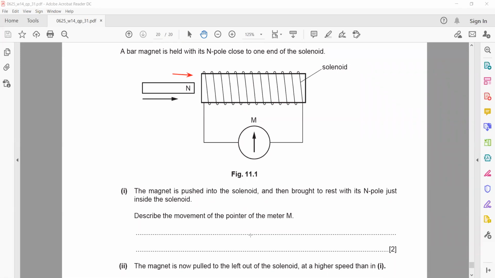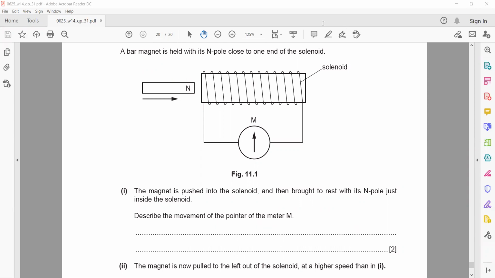What will we observe? The pointer deflects and then returns to zero or center. So there is a deflection in the pointer and then it stops.